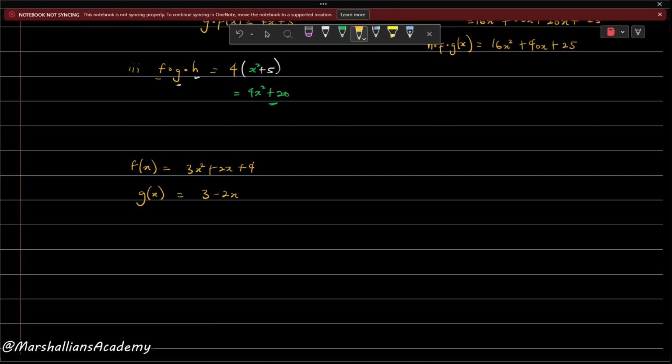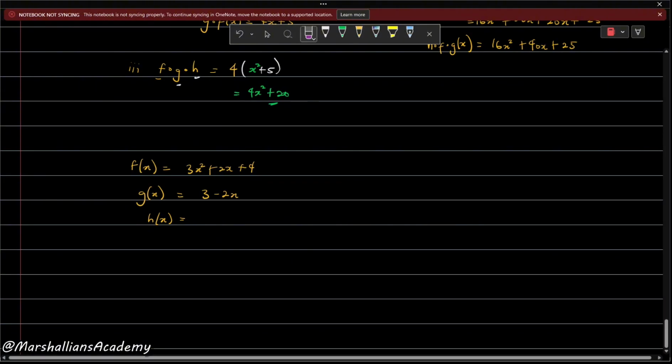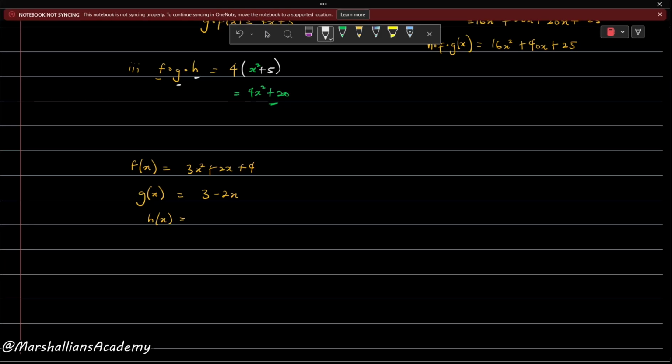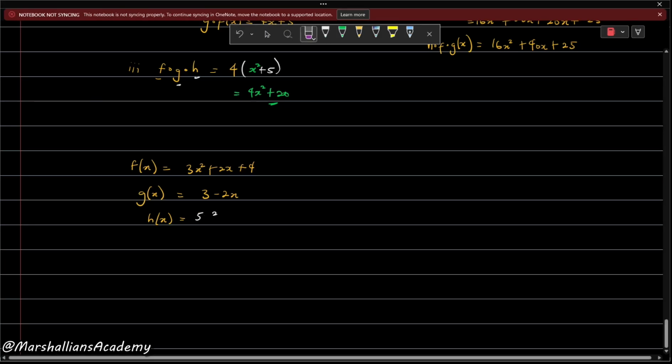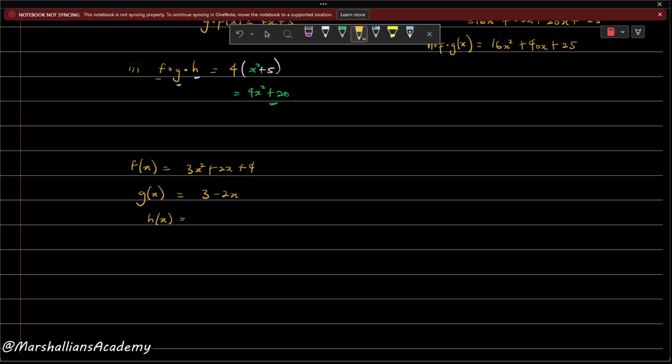And I have, let's say, an h of x to be given as, let me even use a different number, let's say 5x squared. Please don't write everything in yellow, so I don't cause confusion too early.